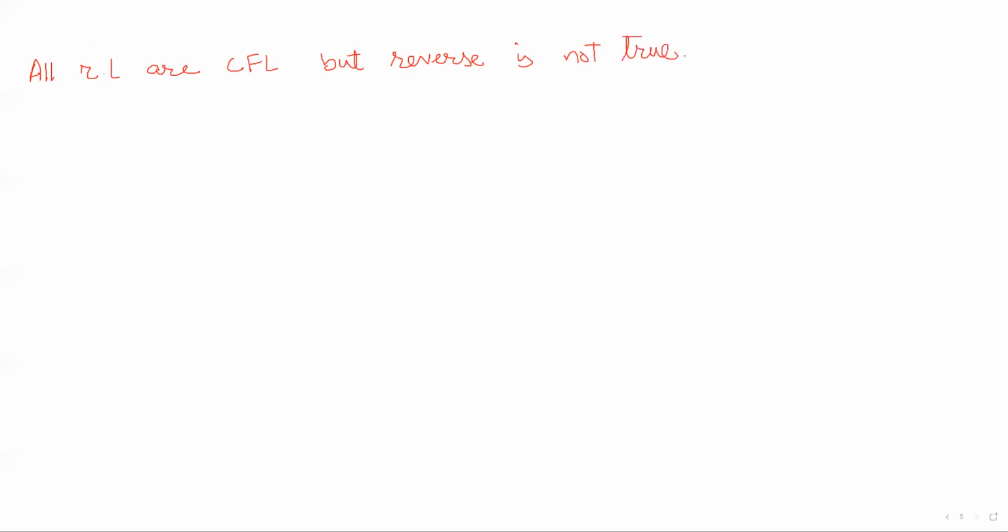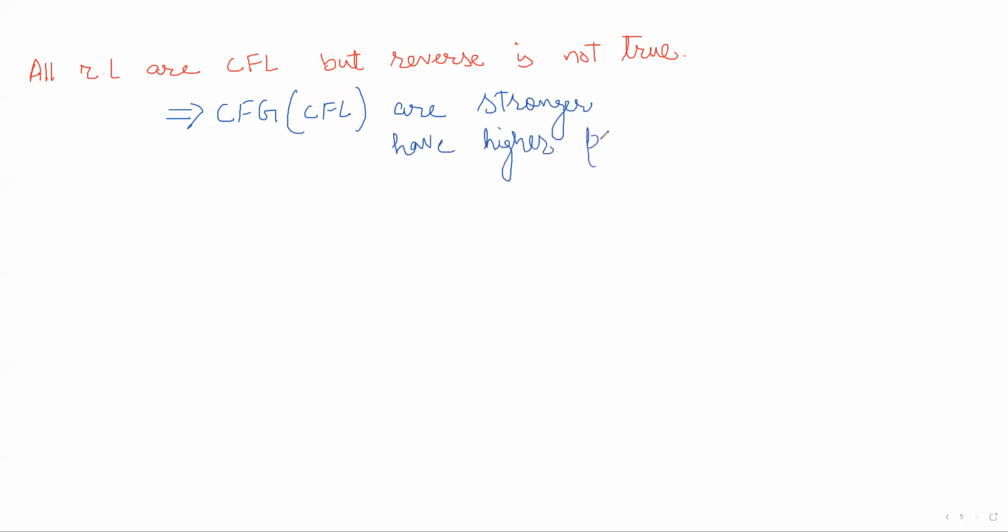Okay, so this implies that context-free grammars, or we can say context-free languages, are stronger, or we can say have higher power or extra power, than finite automata, or we can say regular languages.